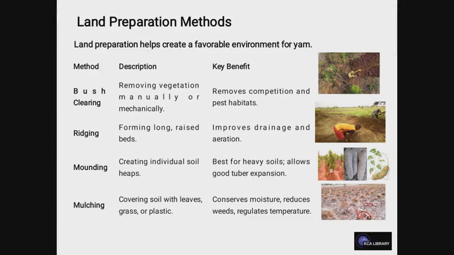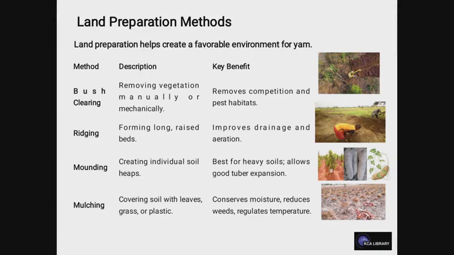Mounding is the creating of individual soil heaps, and this is very common for yam. It's best for heavy soil, and it allows growth by expansion.